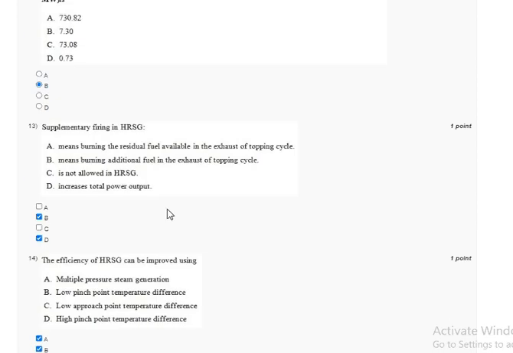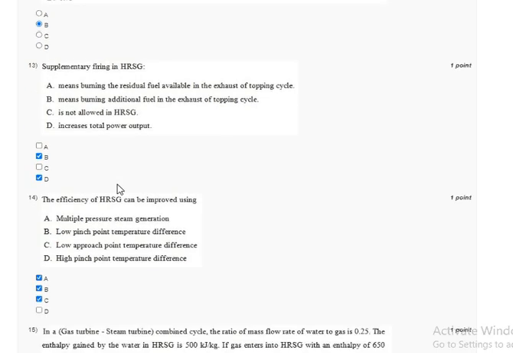Question number 13. Supplementary firing in HRSG. So what is the benefit of supplementary firing? First benefit, burning additional fuel in the exhaust of topping cycle, and second is the increased total power output. So B and D are correct options for question number 13.